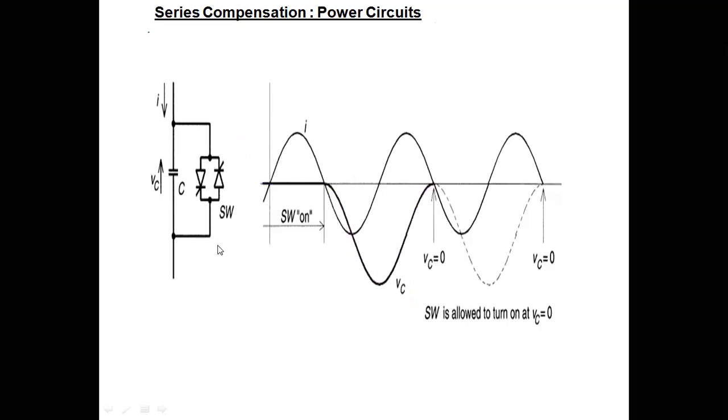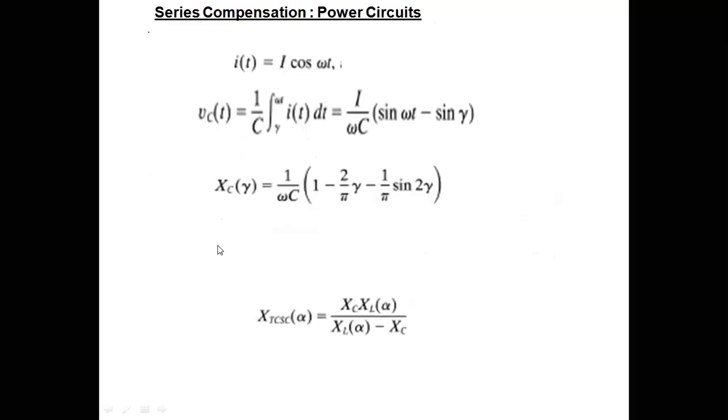Then we consider the VI characteristics equations. Similar to TCR, in the case of TCSC it is simply the parallel combination of XC and XL. These three equations are similar to the TCR circuit. In the TCR circuit, we assumed V equal to Vm cos omega t and did the derivation for current.